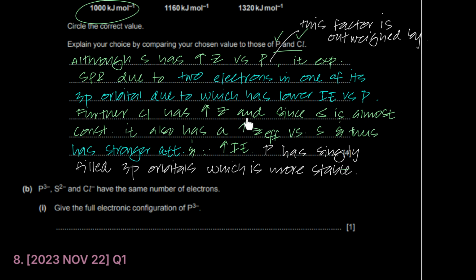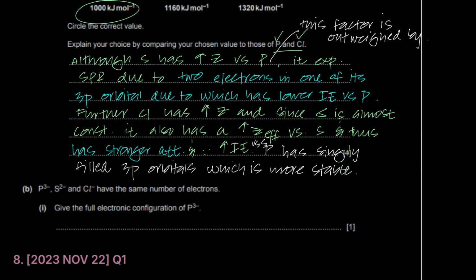Further, chlorine has a higher ionization energy, and since chlorine has a higher nuclear charge, and since Z is almost constant across the period, it also has a higher Z effective versus sulfur, and thus has stronger attraction and higher ionization energy compared to sulfur.